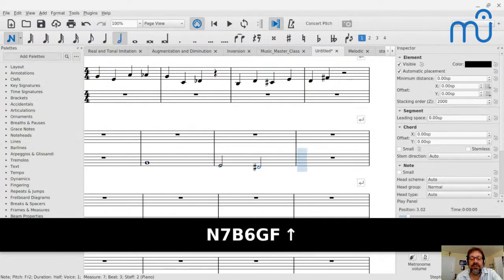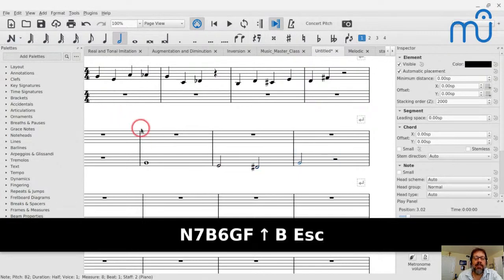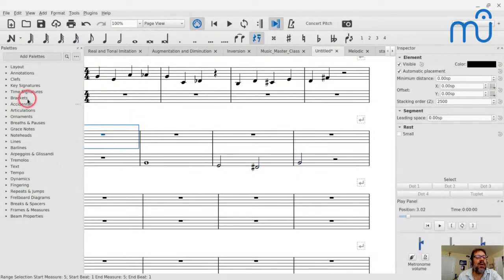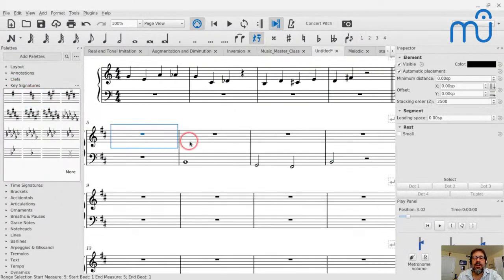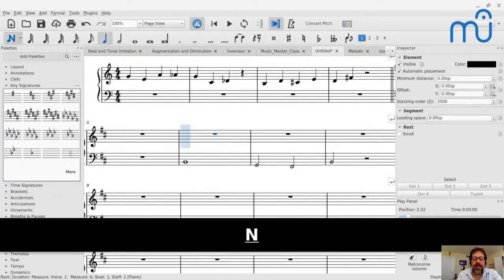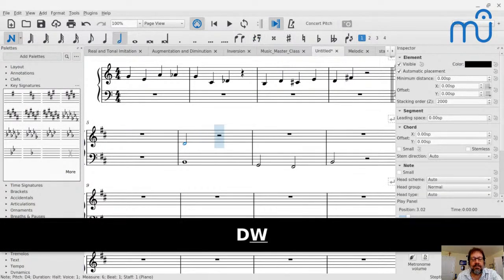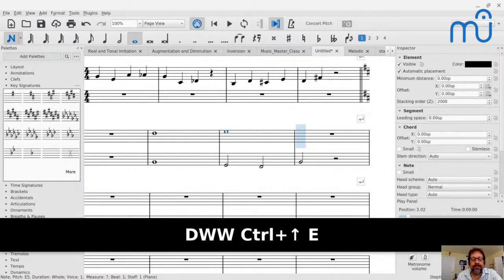G, F sharp, B. I'm not bothering with key signatures. I probably should. Let me add a key signature, shall I? Key signature. There we go. All right. And let me make that a half note.